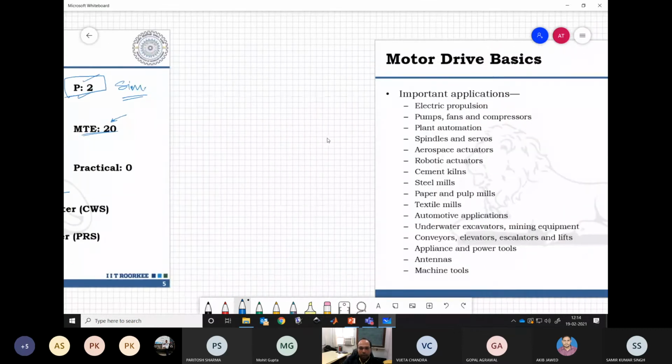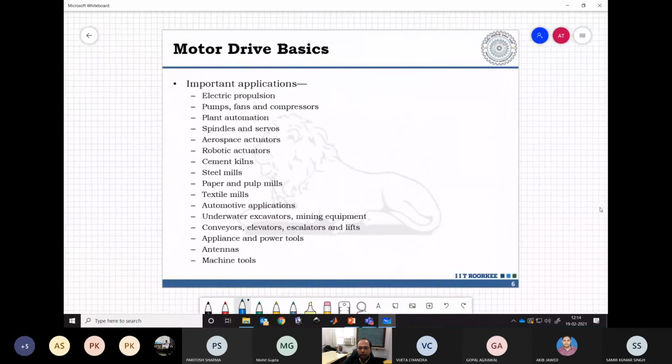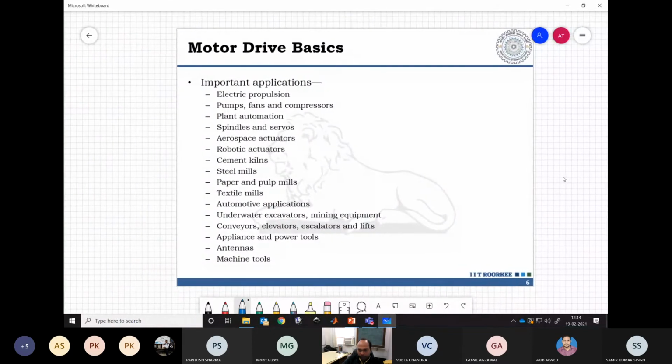Now, with this background, let us discuss quickly some of the applications of motor drives. When we talk about any system, we first need to know where it is applicable, or where it exists in industry or any other place. Motor drives have application in every aspect of our life.